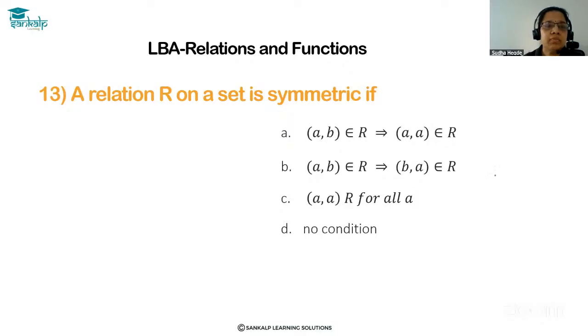Hi everyone. The question is: a relation R on a set is symmetric if option A, (a, b) belongs to R implies (a, a) belongs to R. Option B, (a, b) belongs to R implies (b, a) belongs to R. Option C, (a, a) belongs to R for all a.